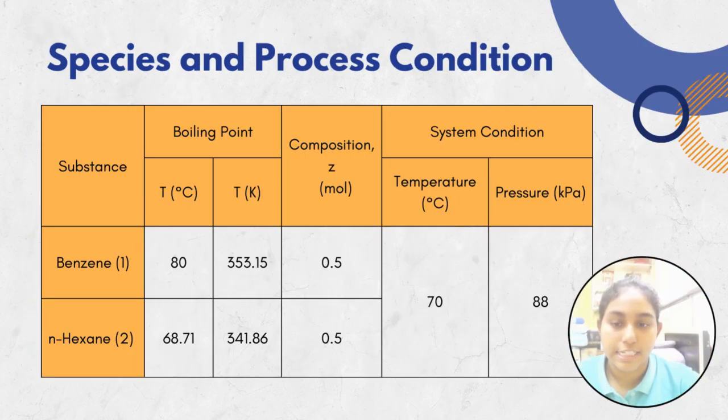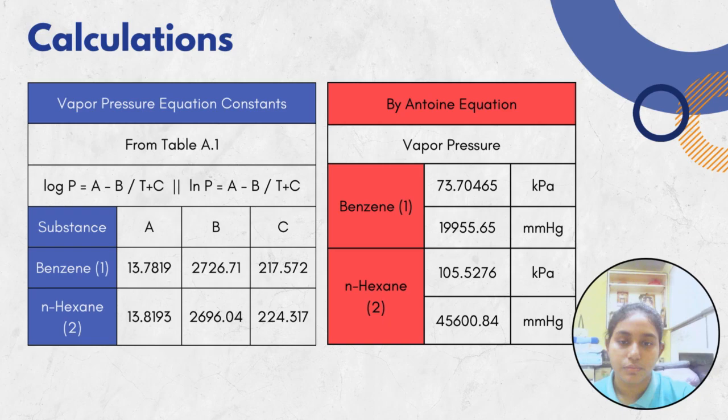Species and process conditions. A mixture of n-Hexane and benzene is used in the flash drum to be separated. A few assumptions are made in this project. First, the mixture is an ideal solution. Second, the mixture is equimolar. The system is operated at a temperature of 70 degrees Celsius and a pressure of 88 kilopascal.